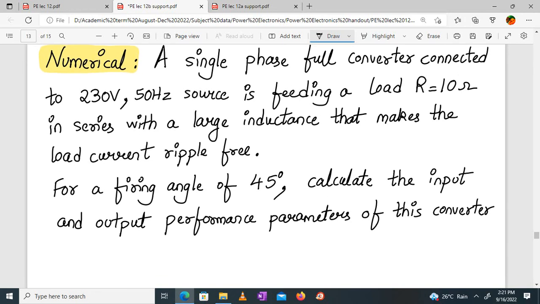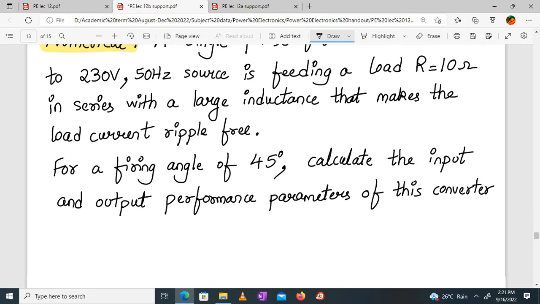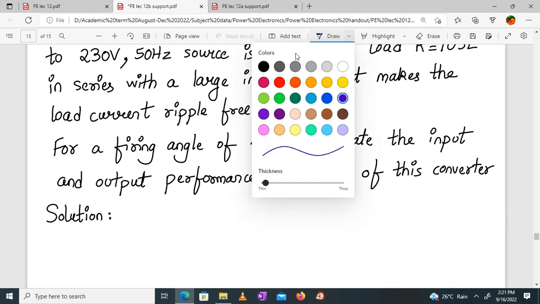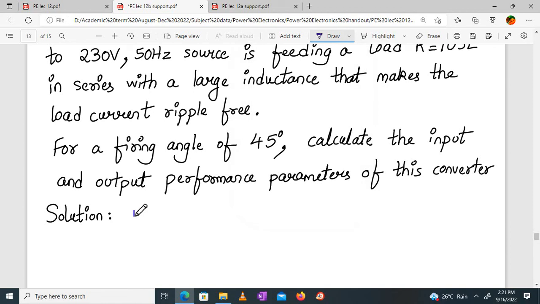So I will help you out in writing the sequence of events, what all things you have to find out. Okay. So first I'm writing blue color over here. First, V out average.